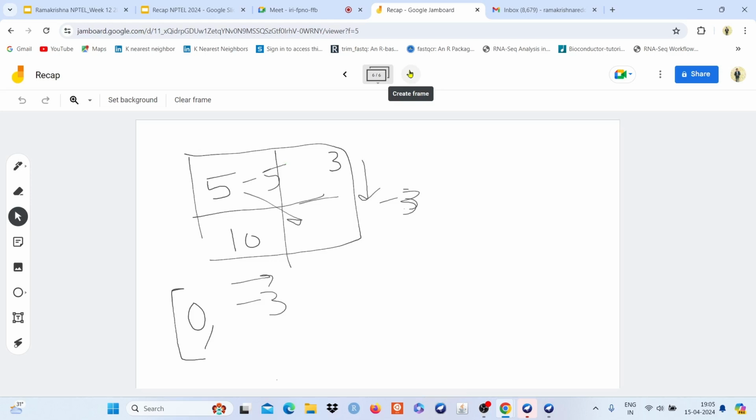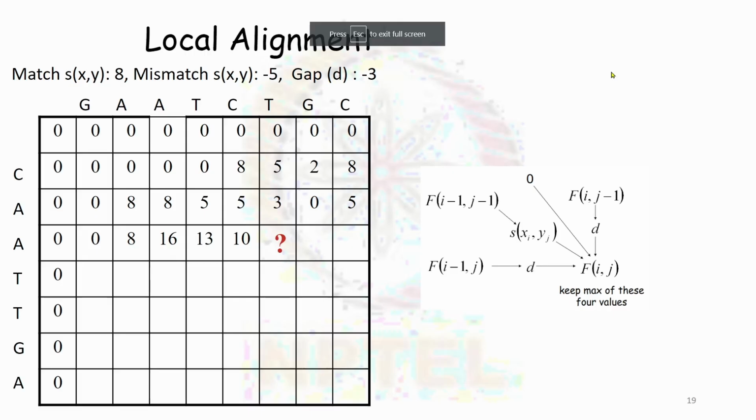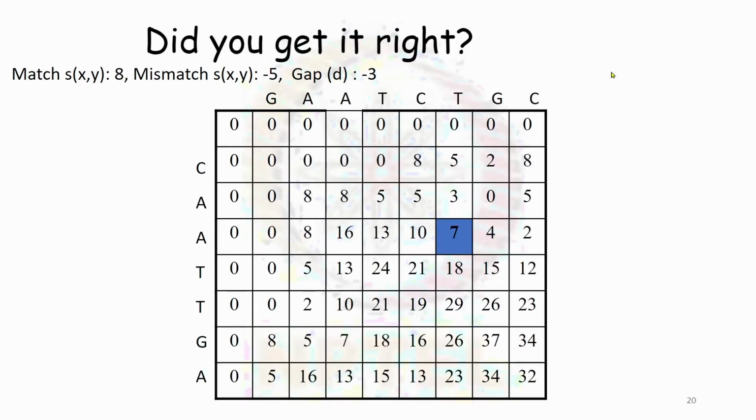So the condition will be 0, which comes by default in local alignment, that is the maximum of 5 minus 5 is 0, 3 minus 3 is 0, then we have 10 minus 3 is 7. So here we can fill it with 7.